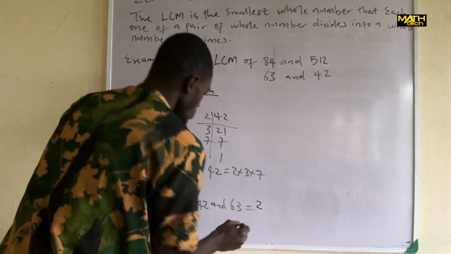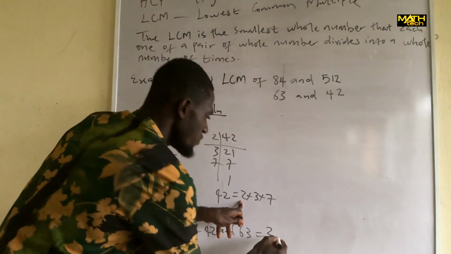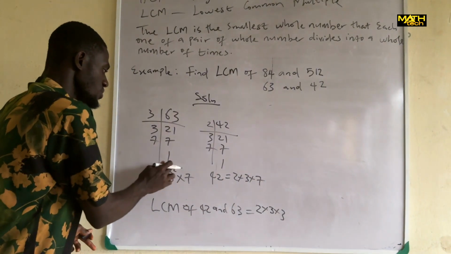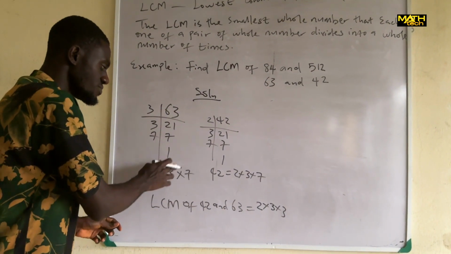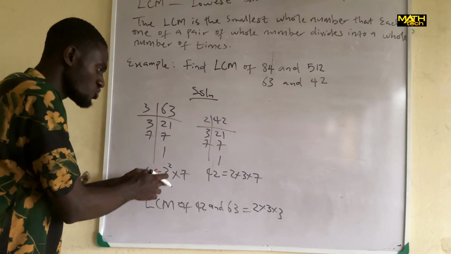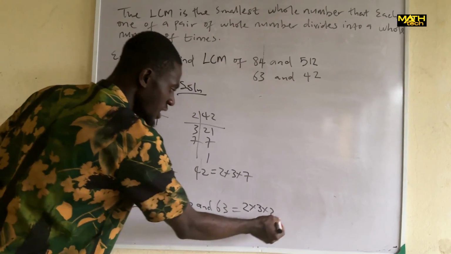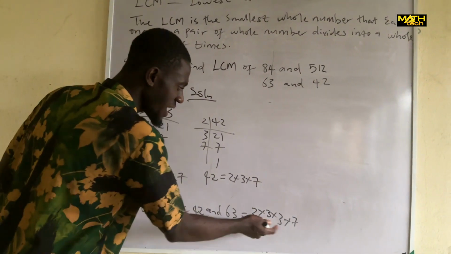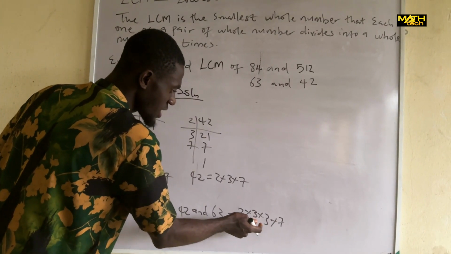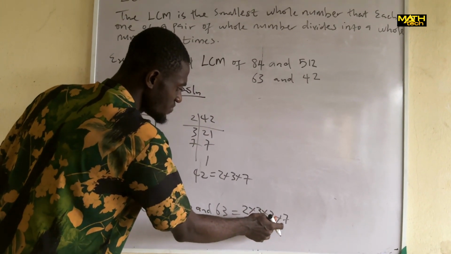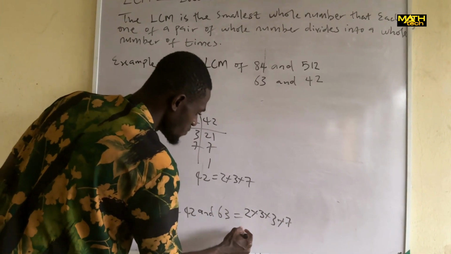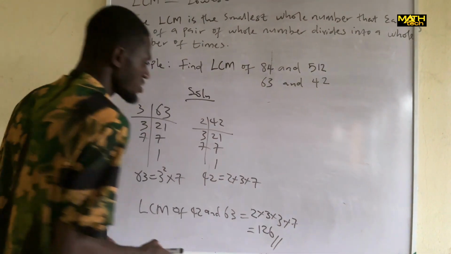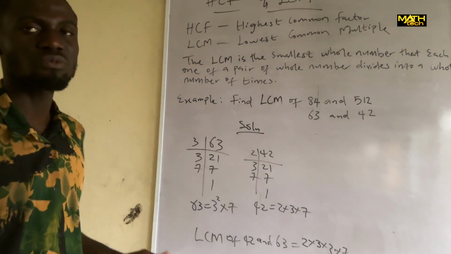So we pick 2 as our first value times 3 times 3, because the highest index of 3 here is 2, that we are having 3 times 3 and times 7. The highest index of 7 here is what? 1. So multiplying this, 2 times 3 will be 6, 6 times 3 will be 18, 18 times 7 will be 126. Pretty simple.